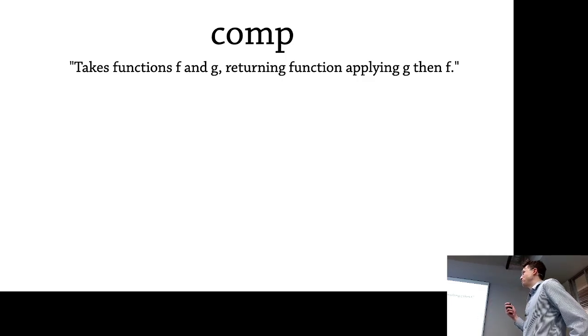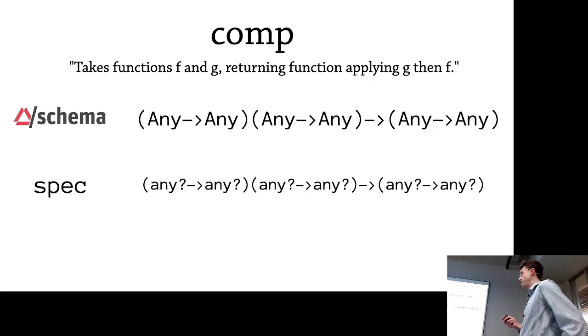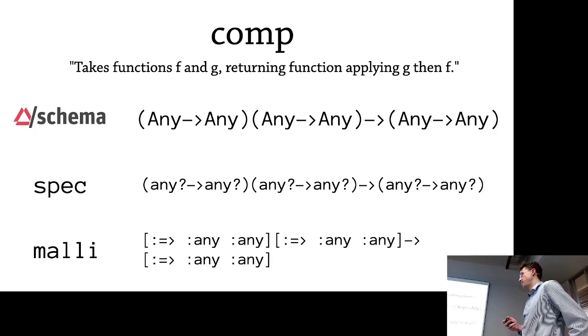And again, how do we write the spec for comp today? It looks like this. F takes anything and returns anything. G takes anything and returns anything, and it returns a function that needs to take anything and return anything. And this is how you'd write it in Spec, and this is how you'd write it in Malli.